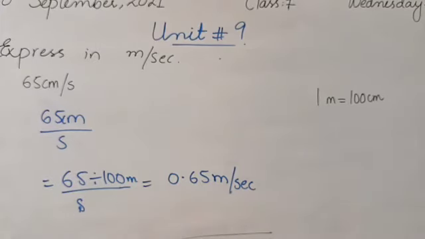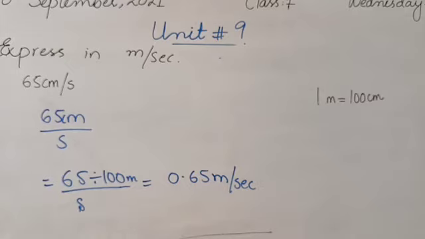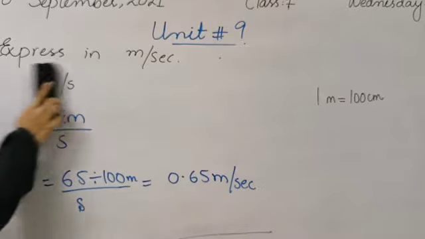So this is the conversion for 65 centimeter per second. Simply convert centimeter into meters by dividing by 100 and then write the answer. Is it okay? Good. Now see another example. 367 kilometer per hour.